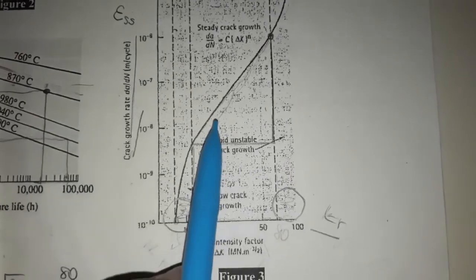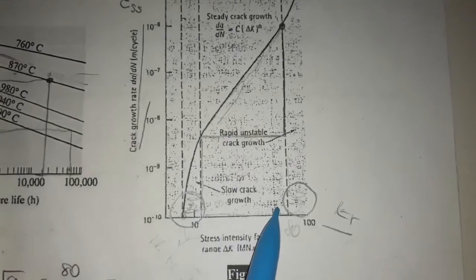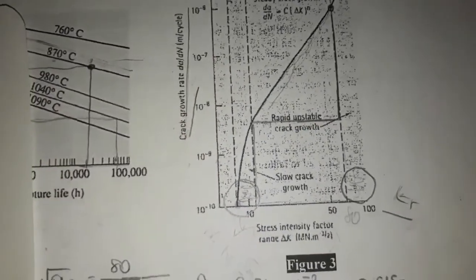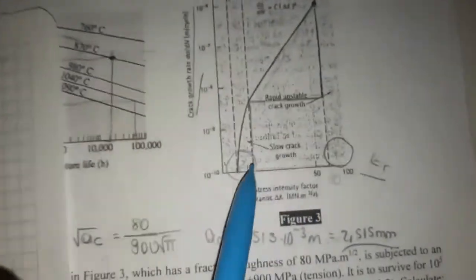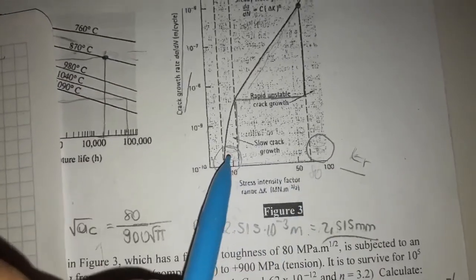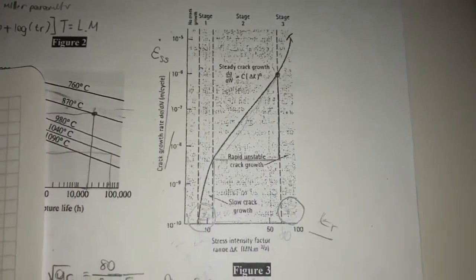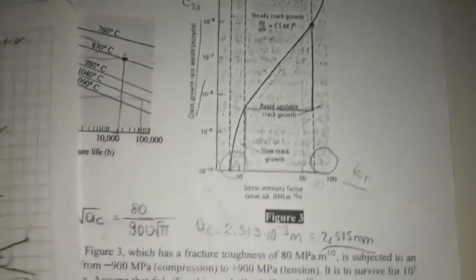The derivative of this part is the second state, which we also call steady state. When we want to find the rupture time, TR, we don't look at the first and last parts, because they happen so fast. We only look at steady state, so we don't add those into the equation.